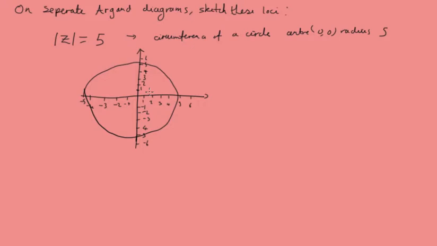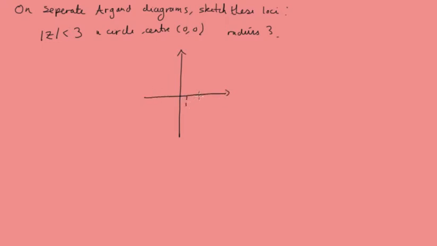Now, what about modulus of z less than 3? So we've got a circle centred on 0, 0, radius 3. This is going to look like a dodgy circle as well.